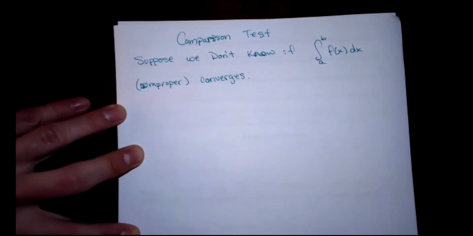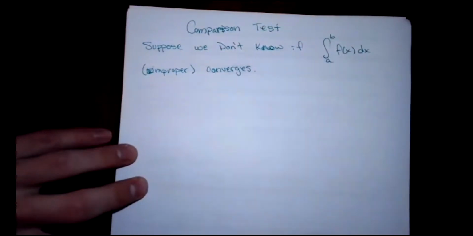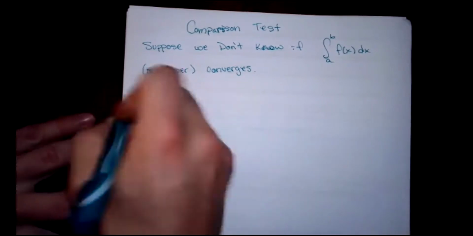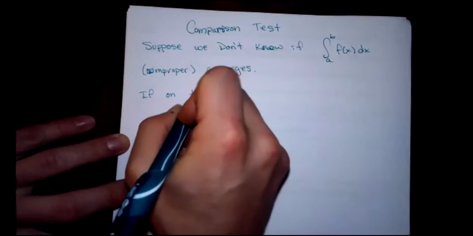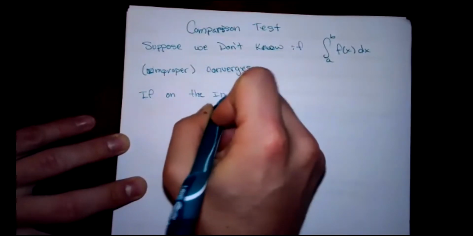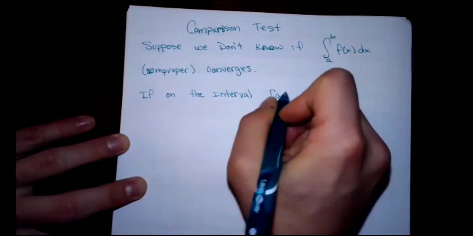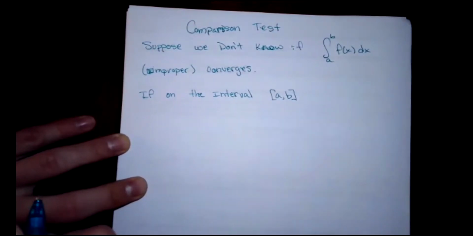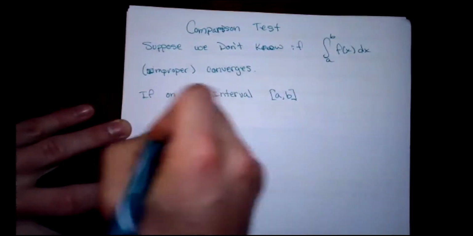We could have a as negative infinity or b positive infinity, or there could just be an asymptote or something going on with the function. Well, so if on the interval a to b, or of course if it's infinite, open brackets, we want to compare the functions.